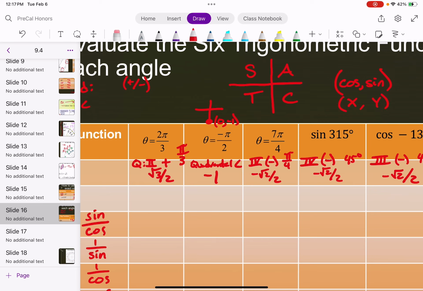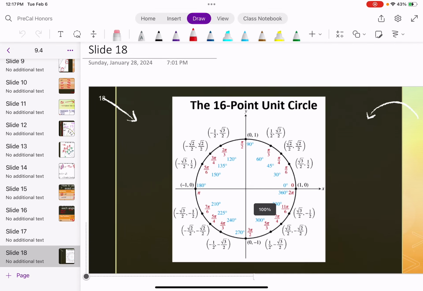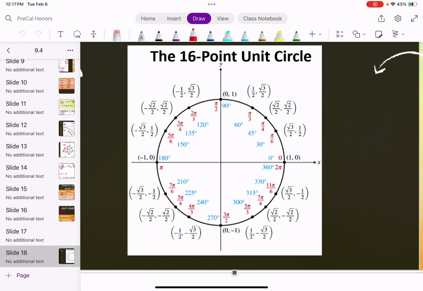Hopefully this helps to give you a better understanding of the second half of our 9.4 section. I can't stress it enough. You must know your unit circle. Be familiar with not only the degrees, know the radians, know your points, be able to understand your reference angles.